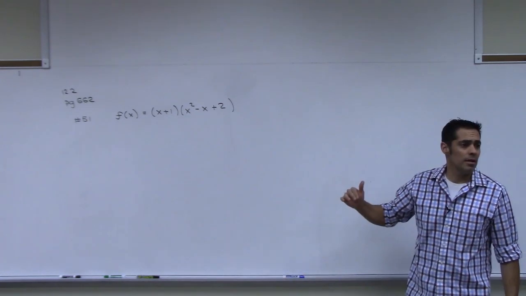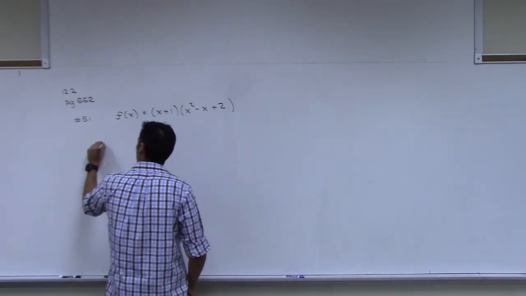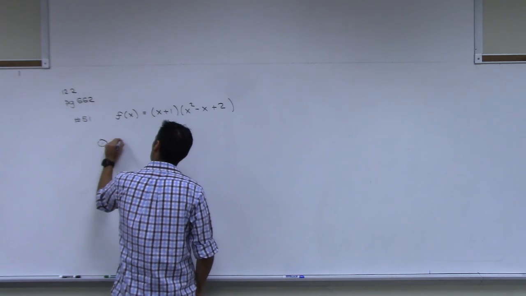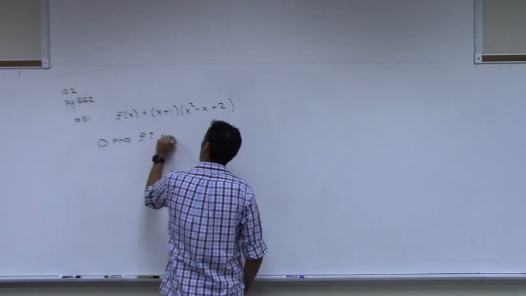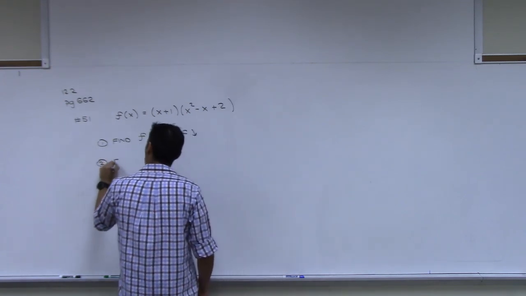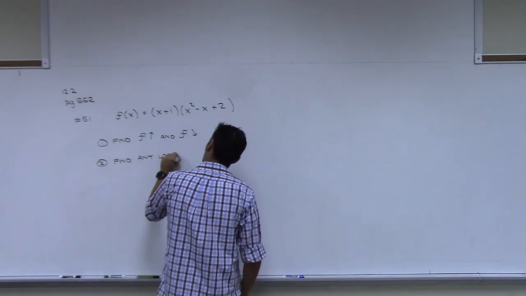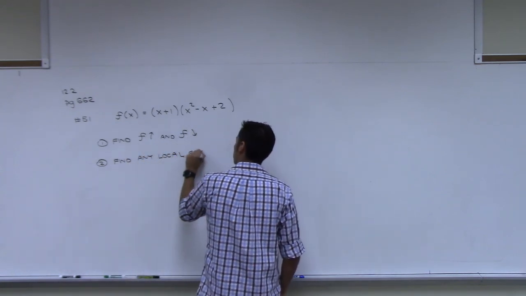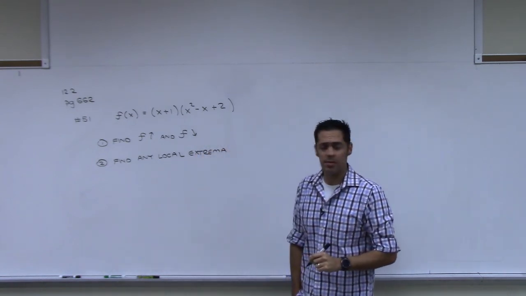And here's what I would like for you to do right now. First thing, find where f is increasing and where f is decreasing. The second thing, find any local extrema. That means find any local maximums or minimums.